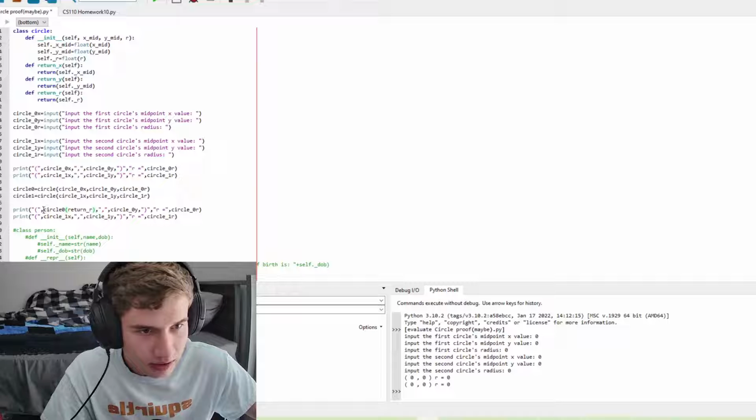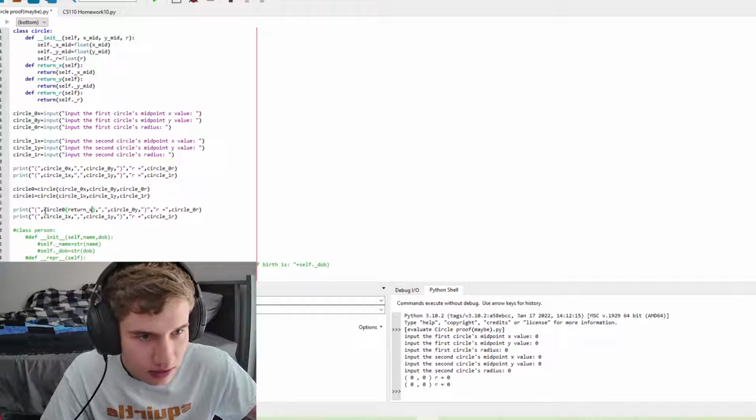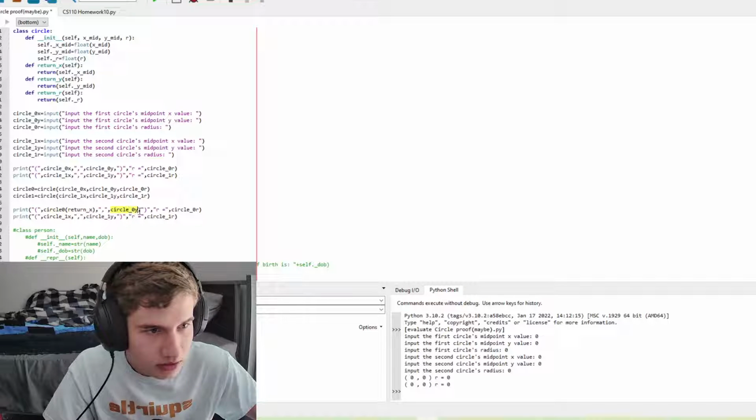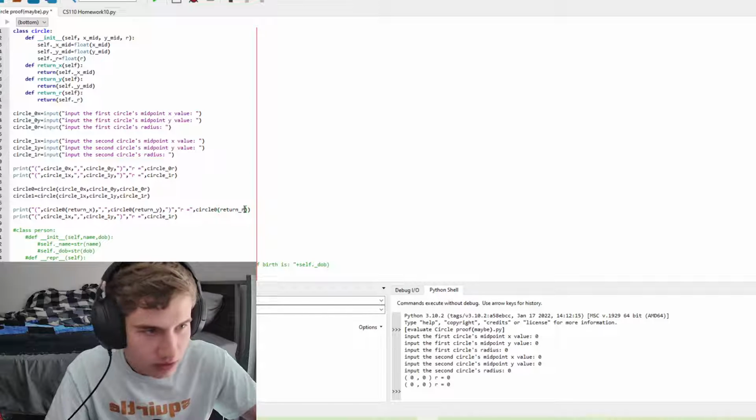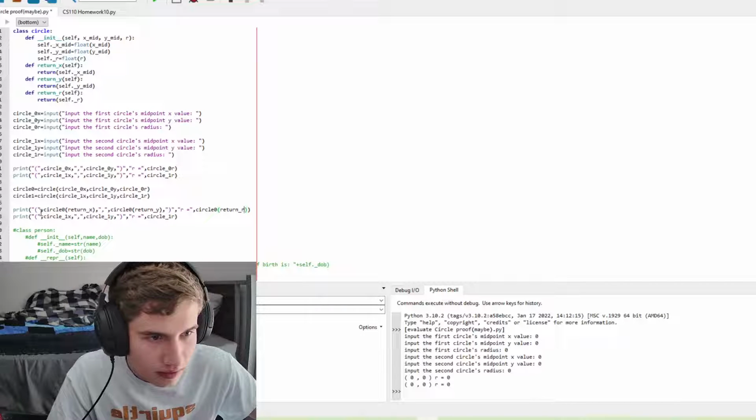And I think I can do this for r, return x. And I should be able to do this for all the other ones, and it should print out the same thing. Return y, that would be return. And I get this whole thing.